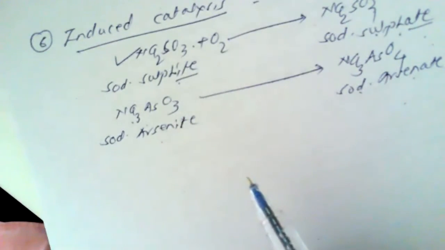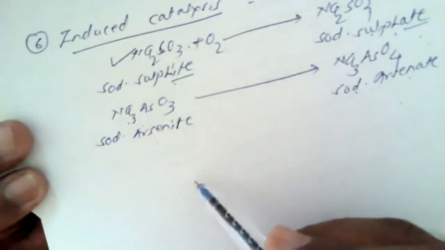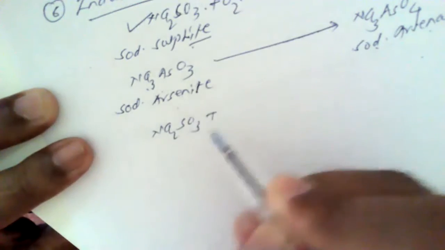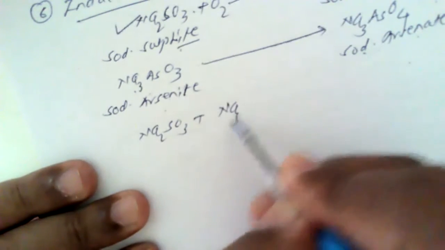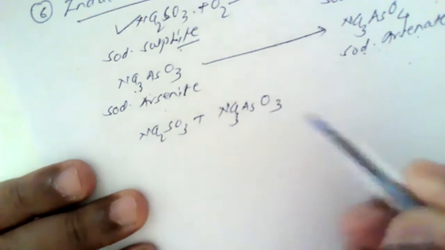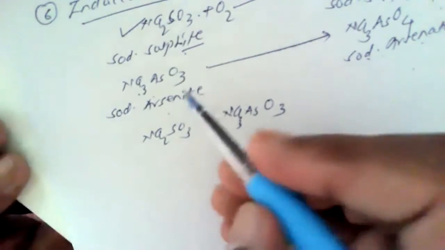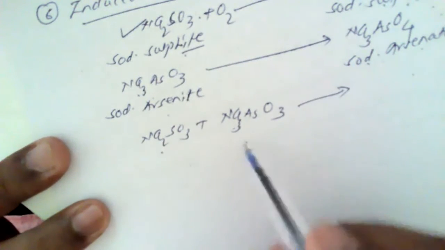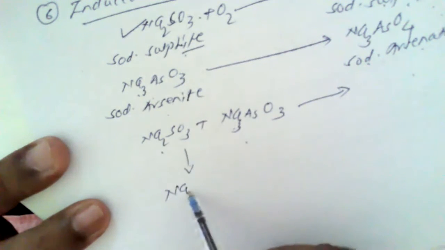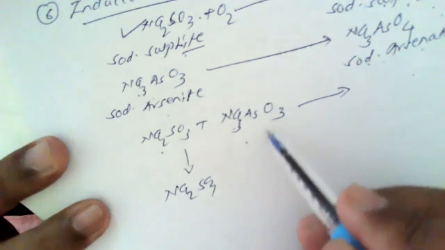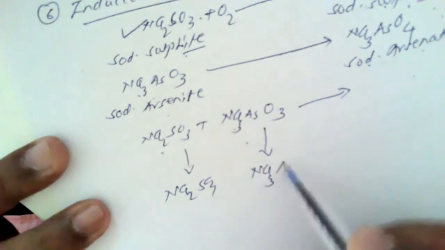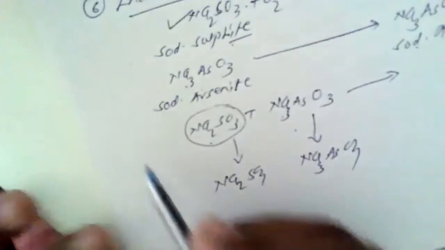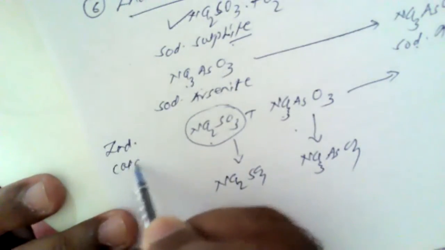As our aim is to oxidize both these reactants into their oxidized products, if we mix Na2SO3 and Na3AsO3, if we prepare a mixture of sodium sulfite and sodium arsenite, then both these reactants are converted into their products as Na2SO4 and Na3AsO4. So here the presence of Na2SO3 acts as an induced catalyst.